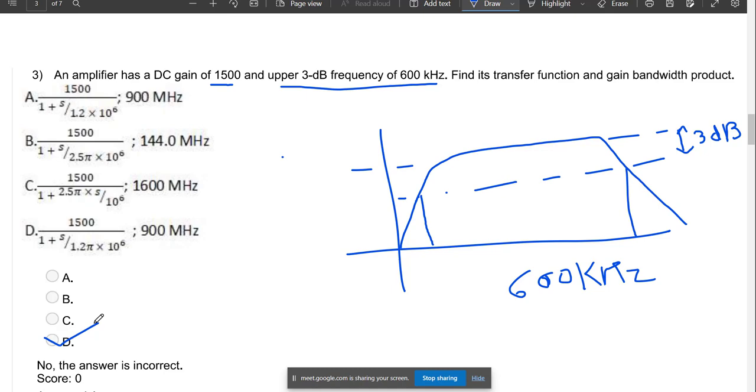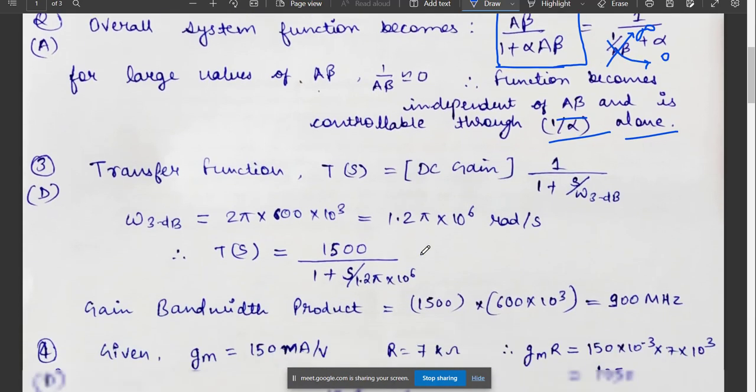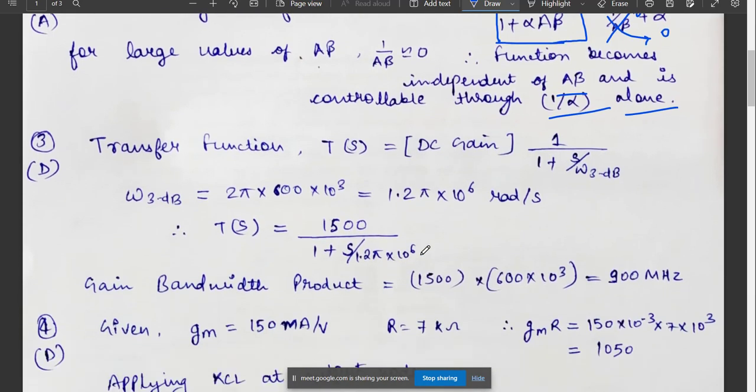So first is the transfer function, and second is the gain bandwidth product, right? Let's see how to solve this question.